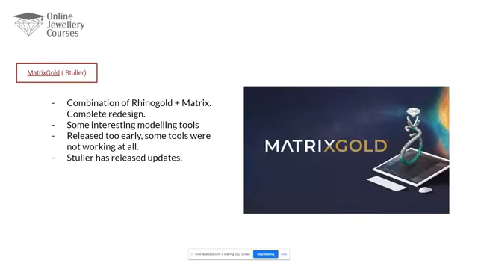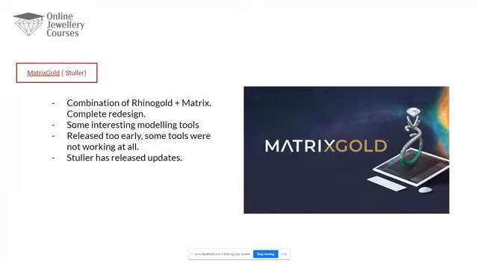Okay, Matrix Gold, a natural combination of Rhino Gold and Matrix. They didn't put much effort into the name. Complete redesign of the interface. Well, it's kind of familiar to Matrix, for those of us who have been using Matrix for quite a while.